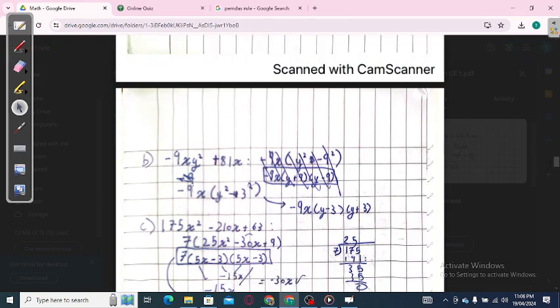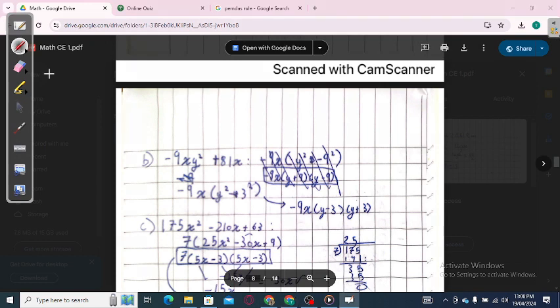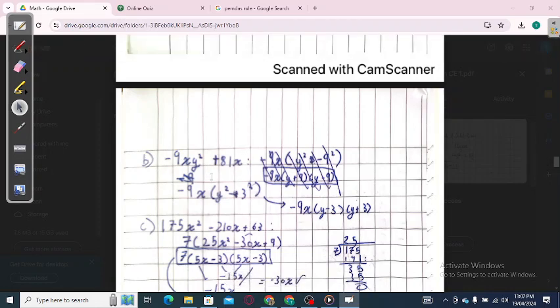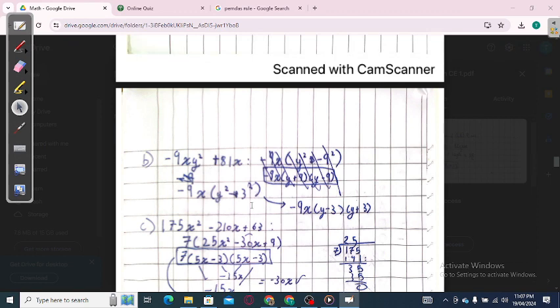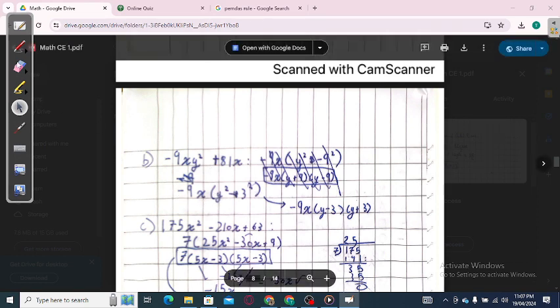Negative 9xy squared divided by negative 9x just returns y squared, since this and this cancel out. So you're just left with y squared plus 81x divided by negative 9x. The x and x cancel out. 81 divided by negative 9 is minus 9. So y squared minus 9. This is your thing so far.